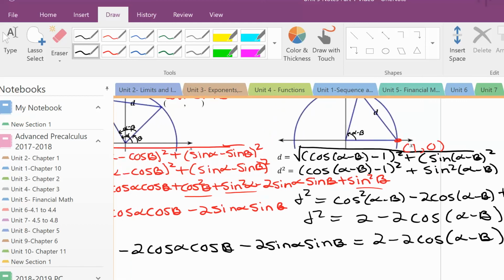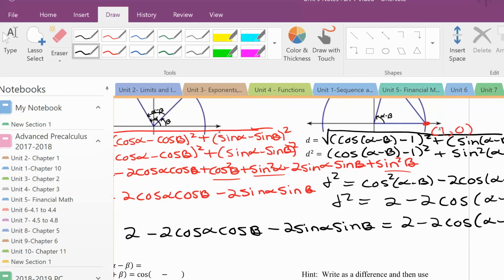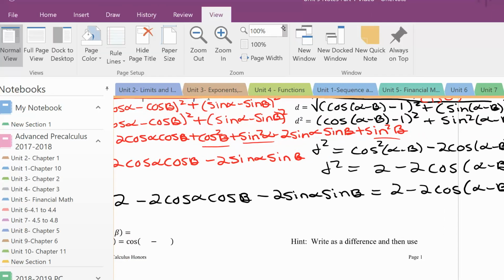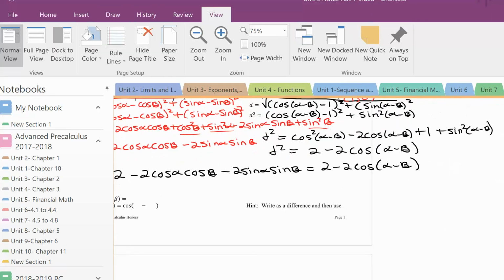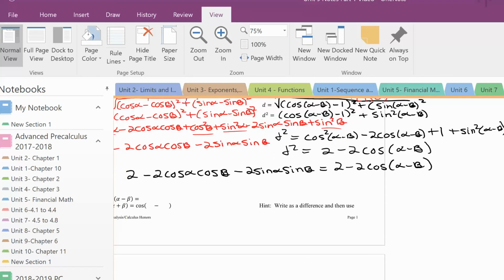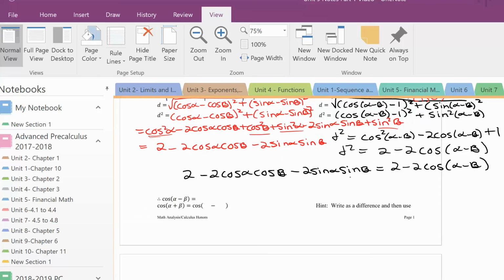And then when we simplify, I'm just going to zoom in a little bit here to get a better view. All right. So when we simplify, notice we get, well, the 2's cancel.